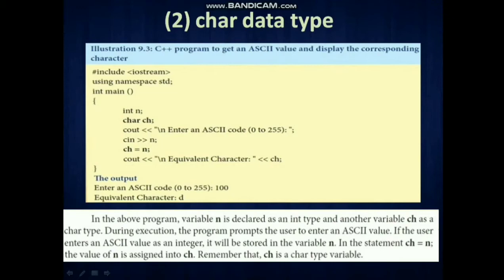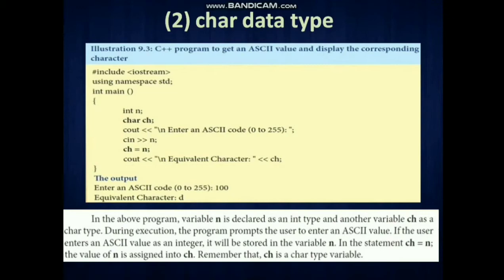Okay, so equivalent, see the last line, the equivalent character ch itself, what value will be there? 100 only. So 100 is not a character. Okay, 100 is an integer value, not a character. But 100 has a character for its ASCII value.